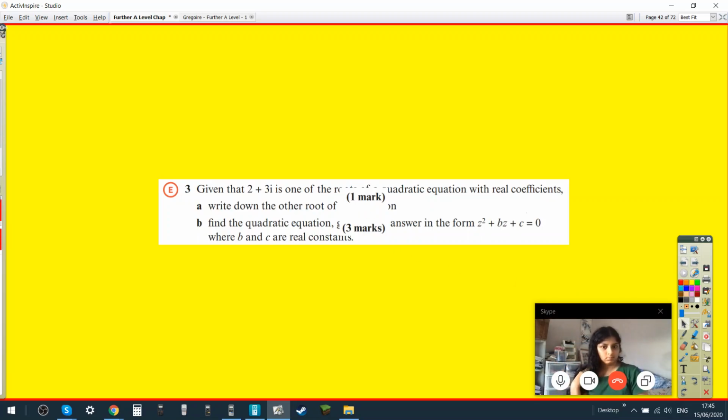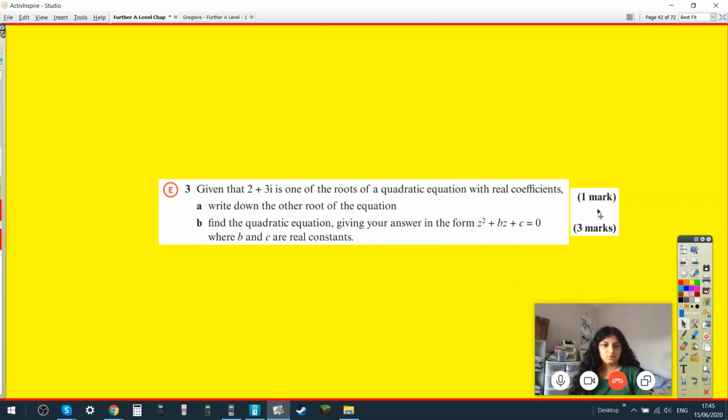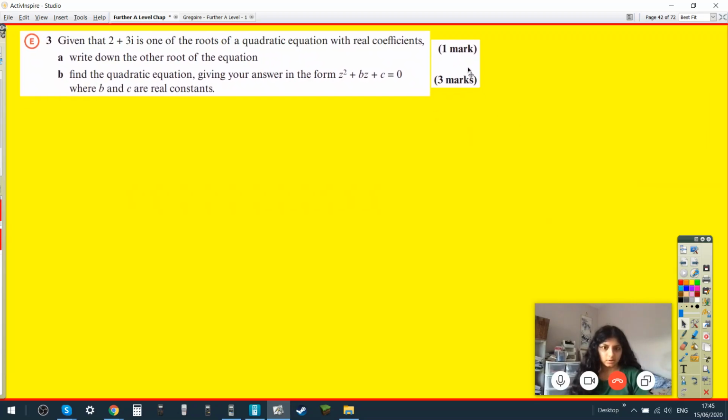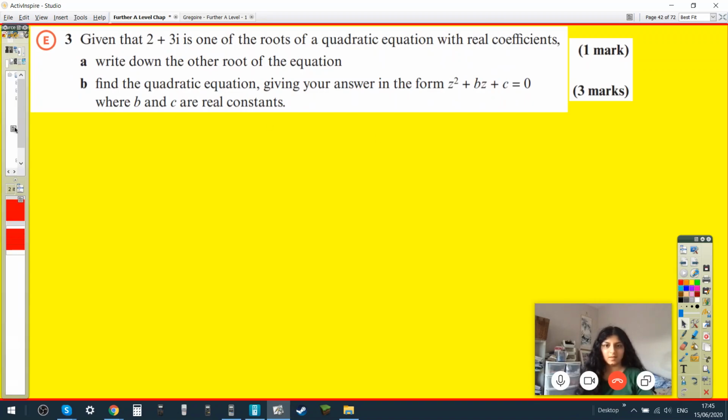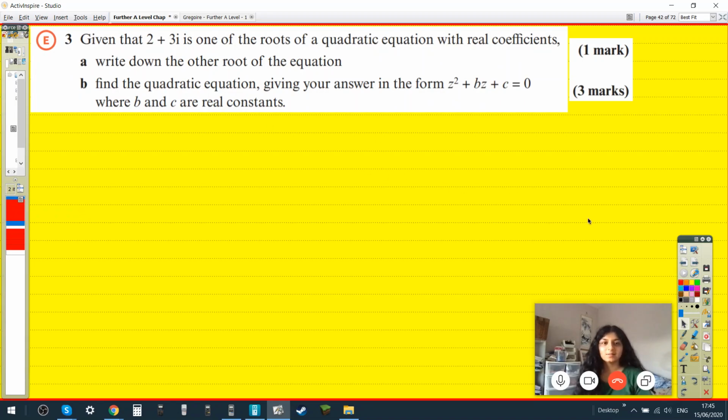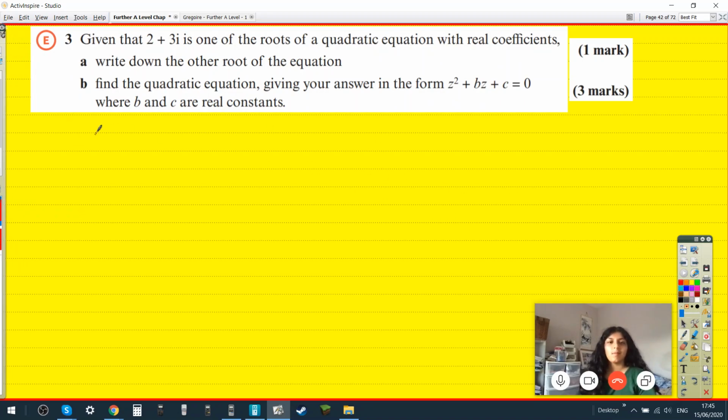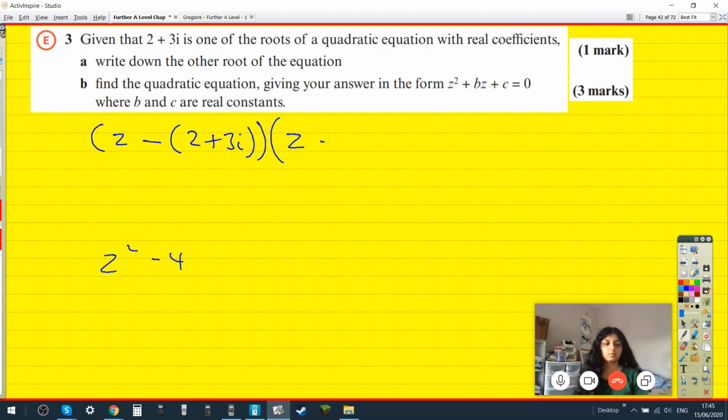Okay. 2 minus 3i is the other root. Okay. And then the equation is z squared minus 4, and then minus 5.